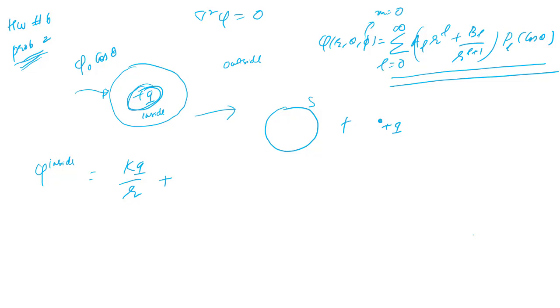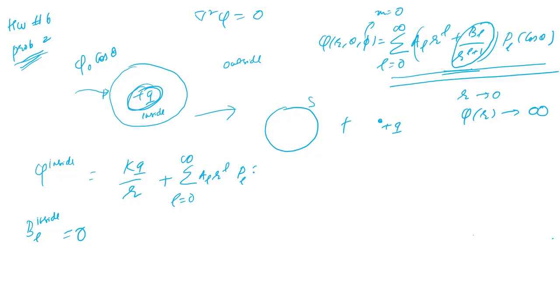But inside, as r goes to 0, if I keep the B_L term, then phi of r would go to infinity. So inside, I have to set B_L equal to 0, otherwise my potential would diverge. So I would have, in general, the sum over L equal to 0 to infinity of A_L r to the power L, P_L of cosine theta.